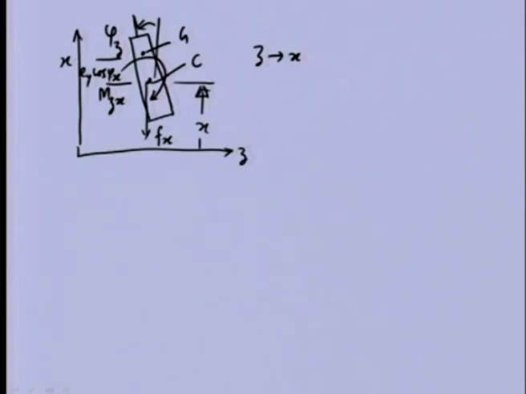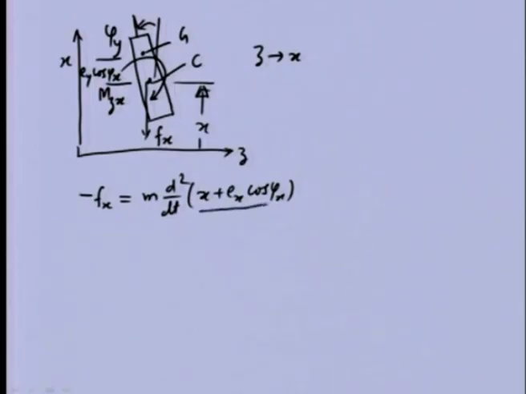Now we can write the equation of motion in the x direction and in the phi y direction. This particular angle is phi y. So the equation of motion in the x direction is m times the acceleration of the center of gravity, equal to the inertia force, that is x plus E x cos phi y.